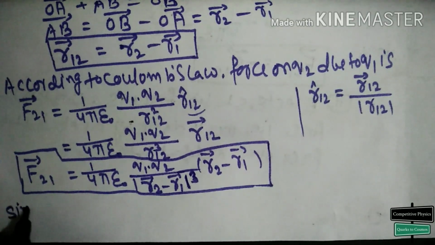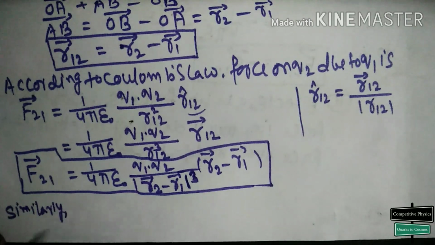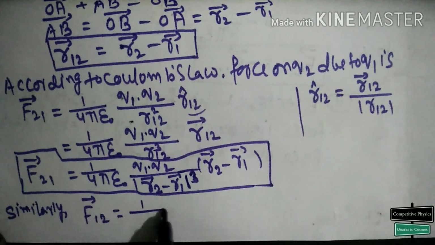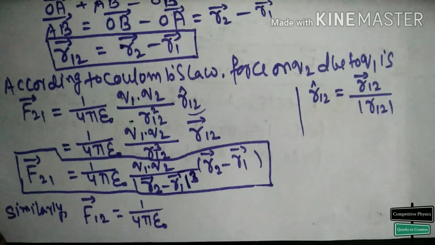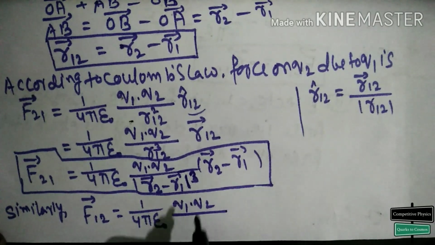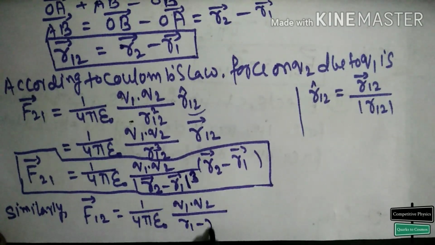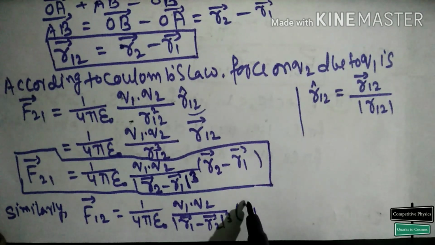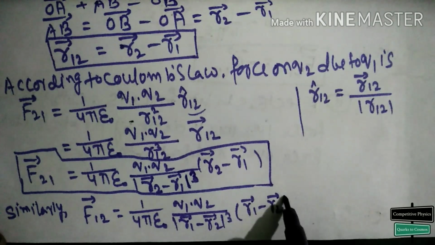Similarly, you can write force on charge q1 due to q2 as 1 upon 4 pi epsilon naught q1 into q2 upon r1 minus r2 mod cube and r1 minus r2.